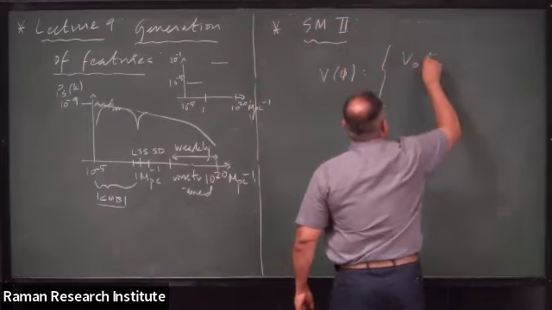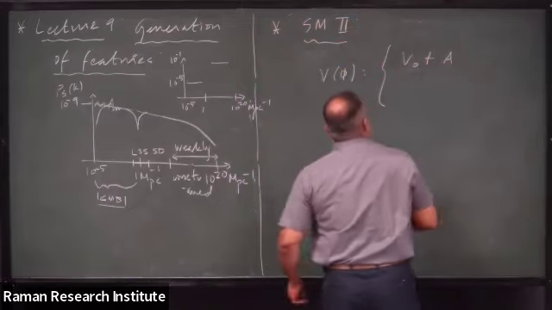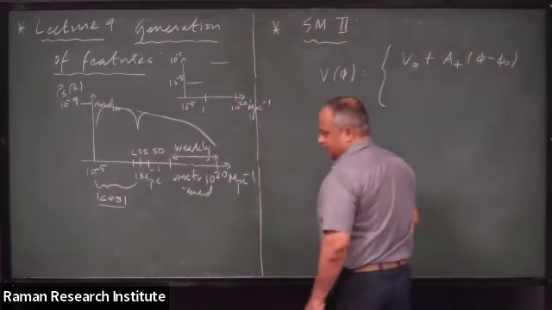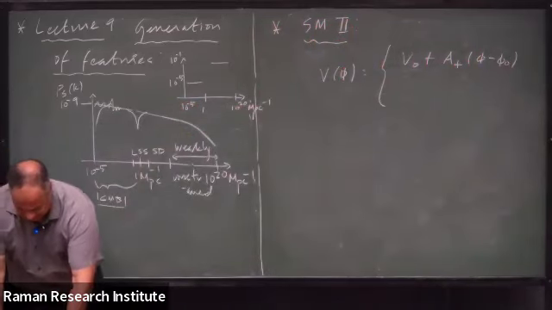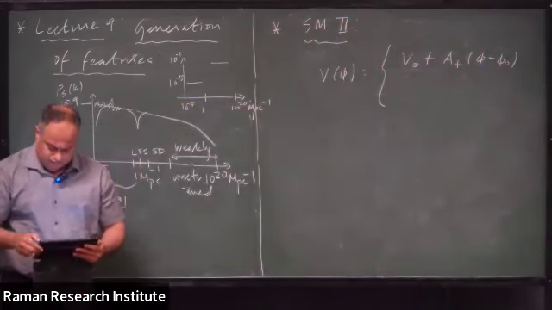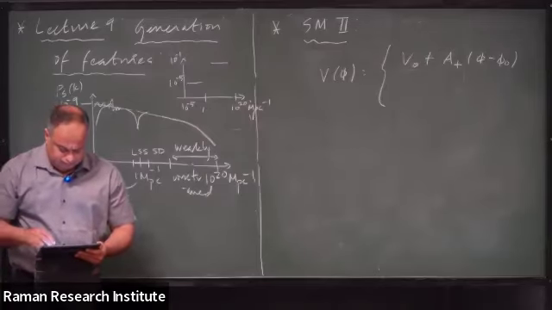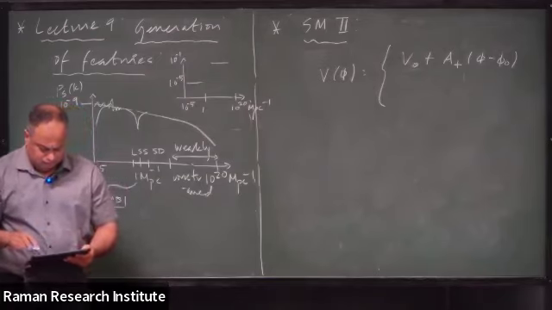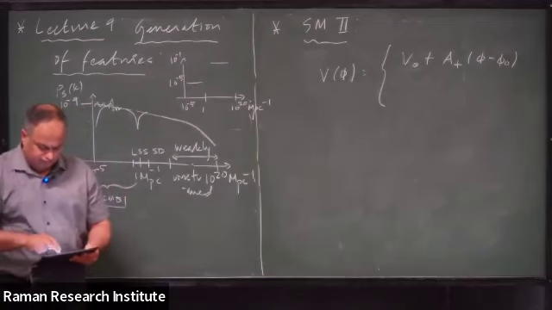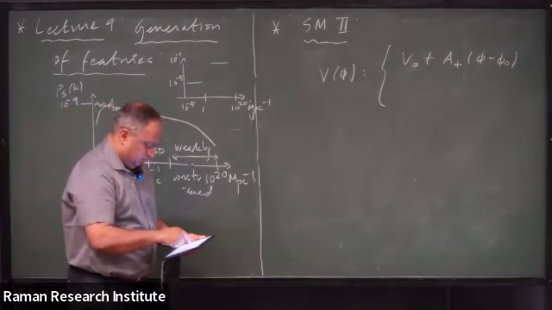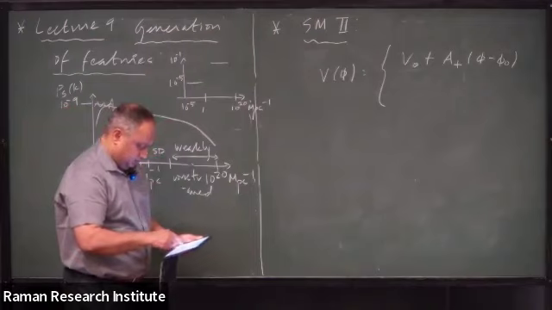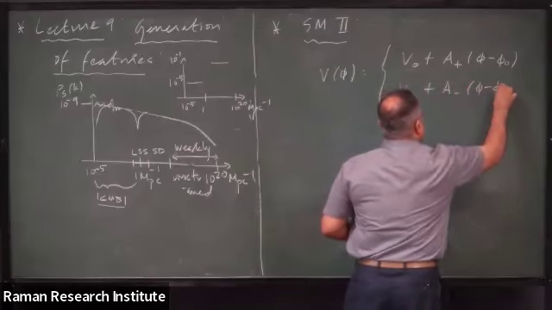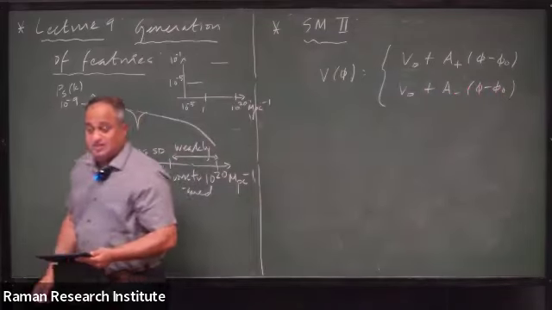We have V naught plus A plus times phi minus phi naught, and V naught plus A minus times phi minus phi naught. Notice A plus and A minus are different.